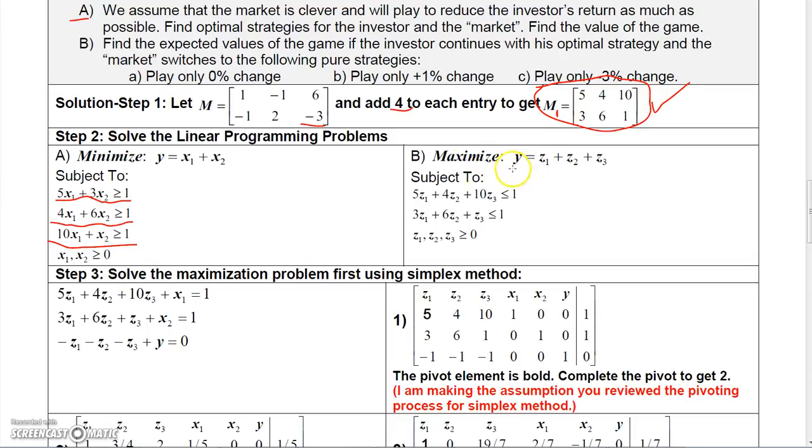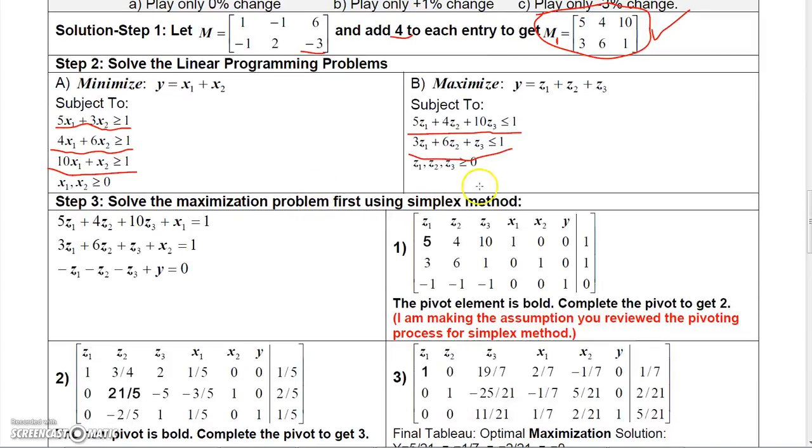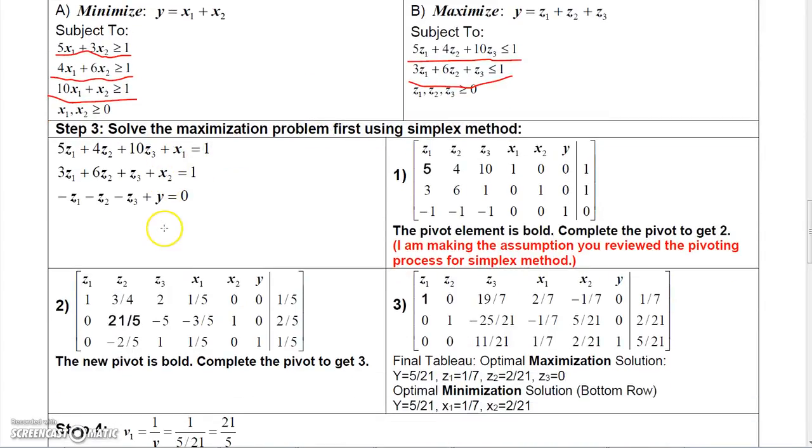And for the maximization, you use the row coefficients. 5, 4, 10 will be the first set of coefficients. So 5z1 plus 4z2 plus 10z3, and remember this is less than or equal to 1. And then here you have 3, 6, 1, so 3z1 plus 6z2 plus z3 is less than or equal to 1, and also you have your non-negative constraints.